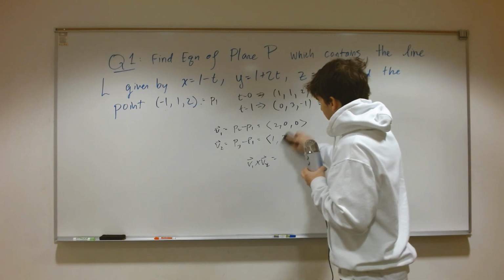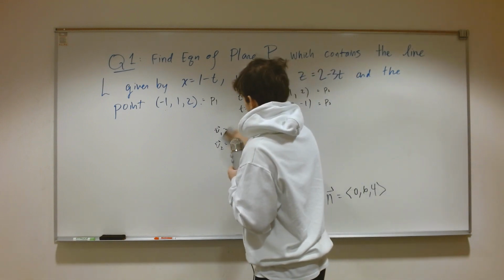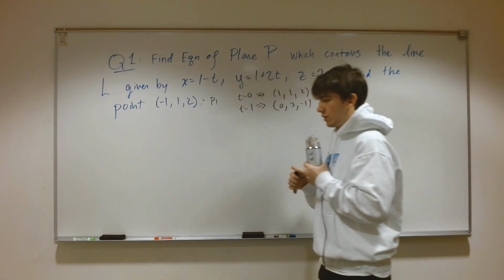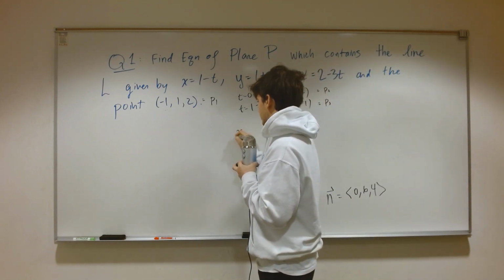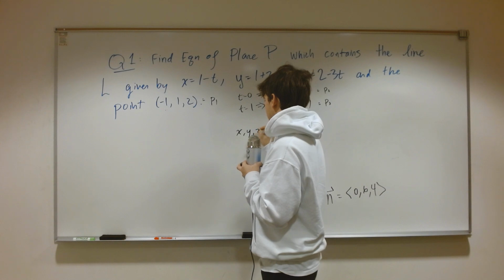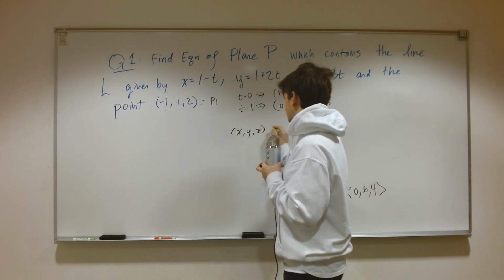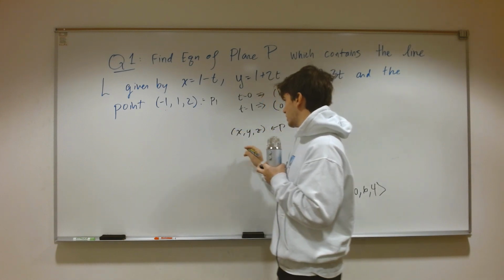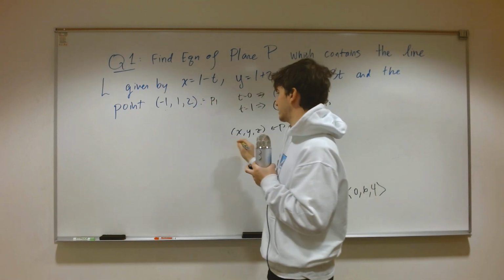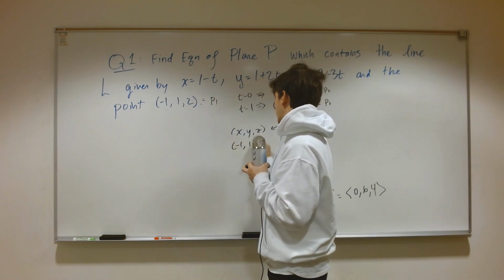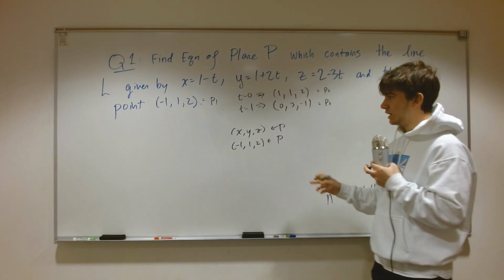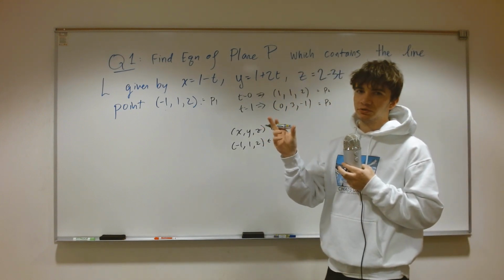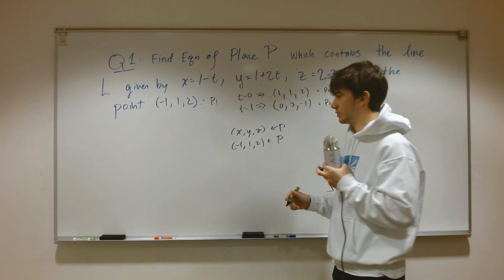All right, so the final step is to use the setup that I already described. So if we have an x, y, z vector within the plane, and then we already know some point in the plane, so I'll just use negative 1, 1, 2, which is also within the plane. And basically, if I take the vector that's the distance between these 2 points, that vector has to lie in the plane.